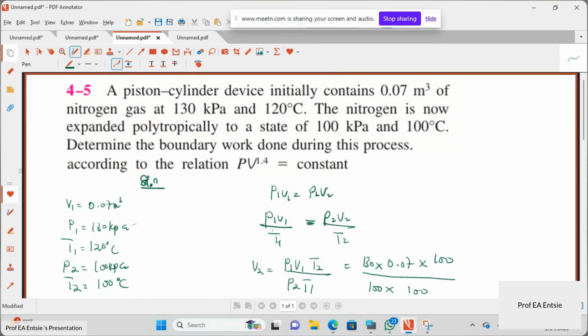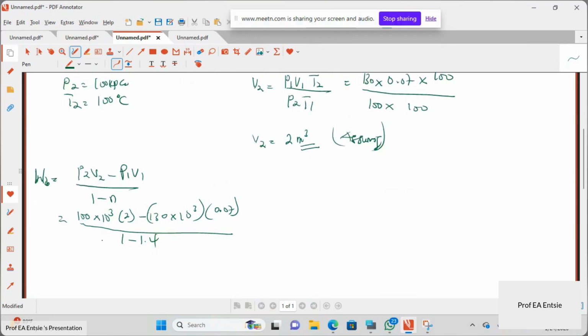N is 1.4 from the relation they gave us. So you punch this in your calculator, then the answer will come. Say 100 joules.